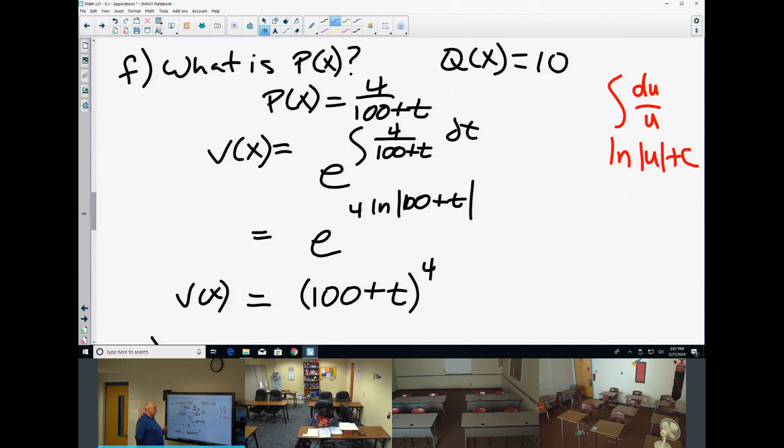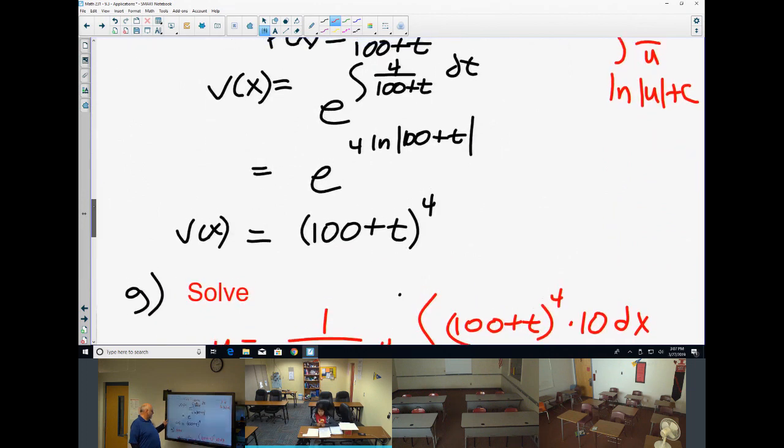So then what is it that we're going to solve? What's y equal to? You do the 1 over v of x. Yep.